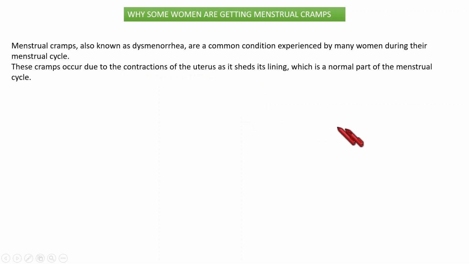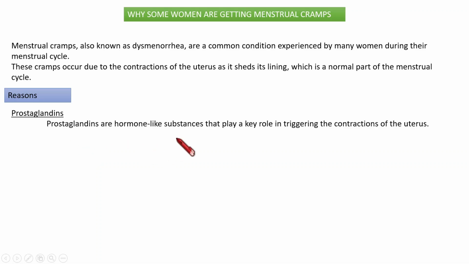Okay, so we are going to have a look at the different reasons that cause menstrual cramps. First and the prime, very important reason is the production of prostaglandin. Then what is this prostaglandin? It is a derived lipid. It is a hormone-like substance, and it triggers the contraction of the uterus.